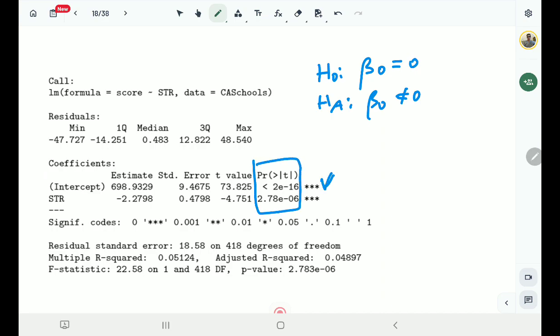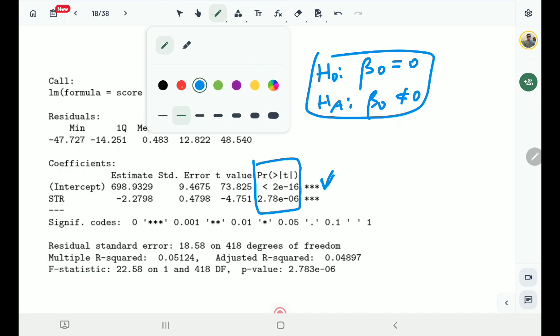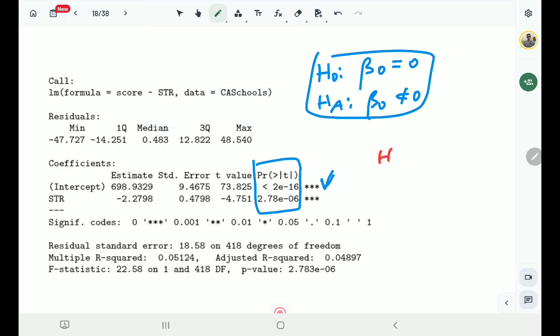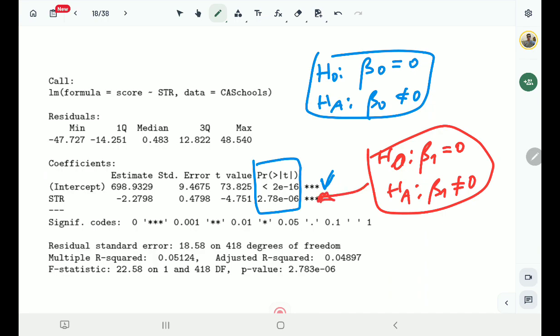The first one stands for the p-value of this hypothesis, and the second hypothesis is about the slope parameter. H null tells you that beta 1 is equal to 0, and H alternative tells you that beta 1 is not equal to 0. The first one is about beta 0, the second one about beta 1. In both cases we got a very low p-value, which means that the null hypothesis should be rejected.